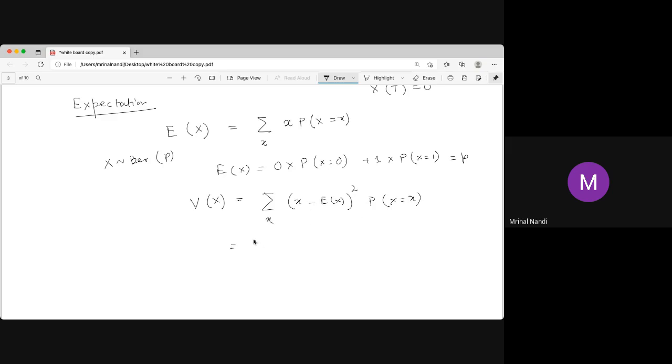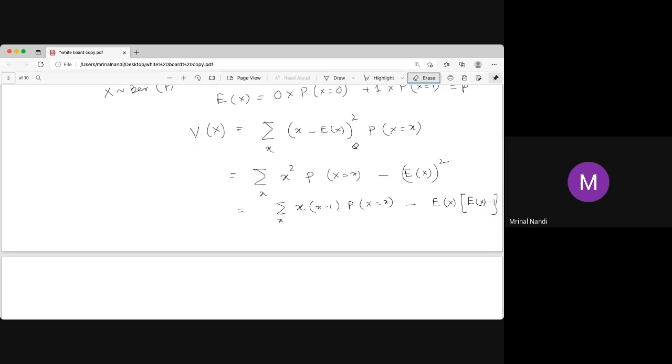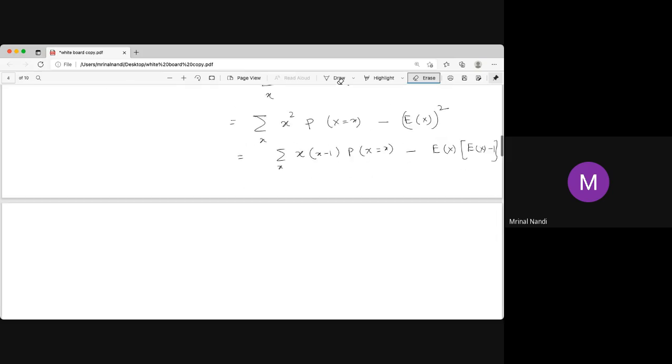Another equivalent formula is this, which is better than the previous one: the sum of x squared into the probability of X equal to x, minus the square of the expectation of X. And the other one is also important: the sum of x into (x minus 1) into the probability of X equal to x, minus the expectation of X into (expectation of X minus 1). So these are the three equivalent formulas, the same thing. You can easily prove one from the other.